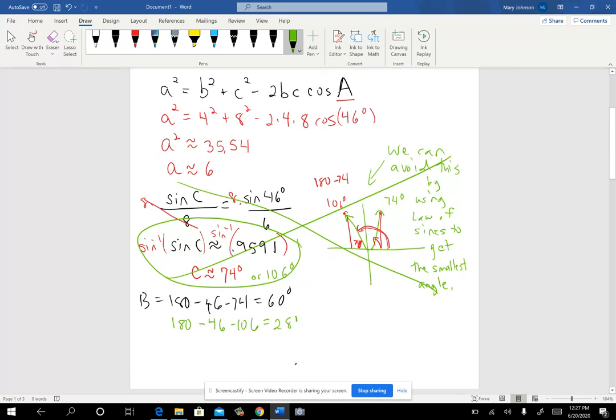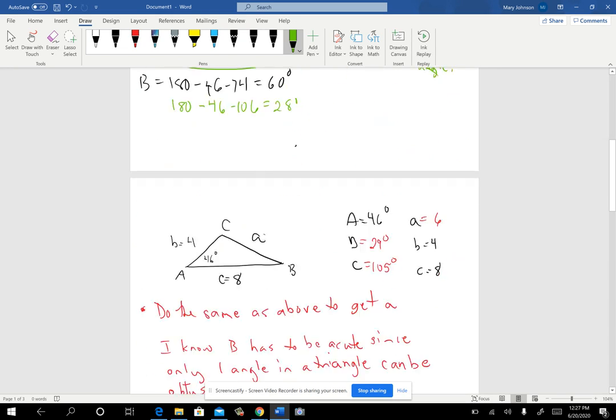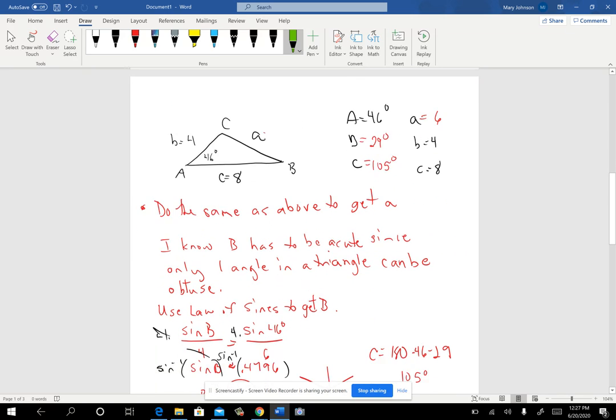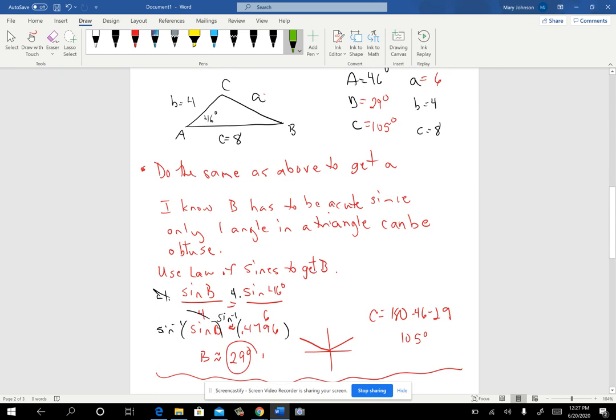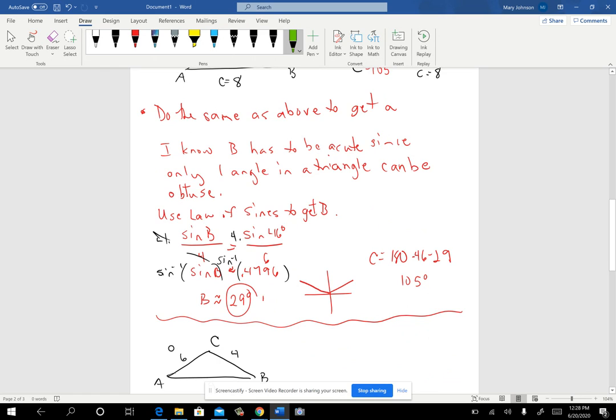And the reason I shouldn't have done this is the largest angle, maybe it's acute or maybe it's obtuse. You can't tell until you finish the whole problem and you check it. So if I had made a better decision like I did here, I would have done A like I did before, but I know that B has to be acute, since only one angle in the triangle can be obtuse, and B is opposite the shortest side, so it has to be acute.